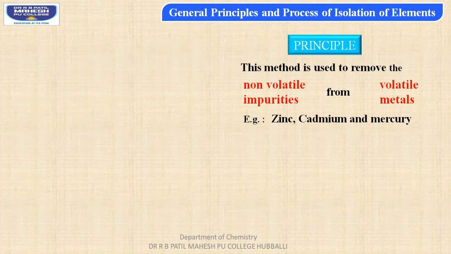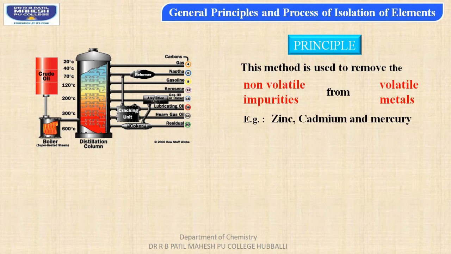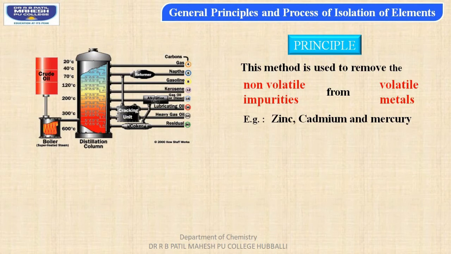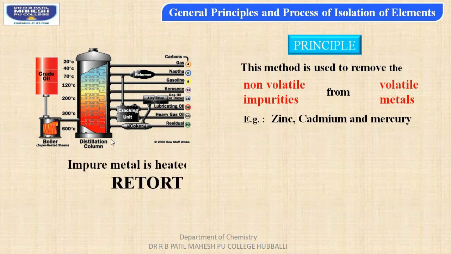Let us study the principle involved in distillation by the diagram. In this case, students, we have a very important part, that is the distillation column. Let us consider the principle involved in the distillation process by considering the distillation column.